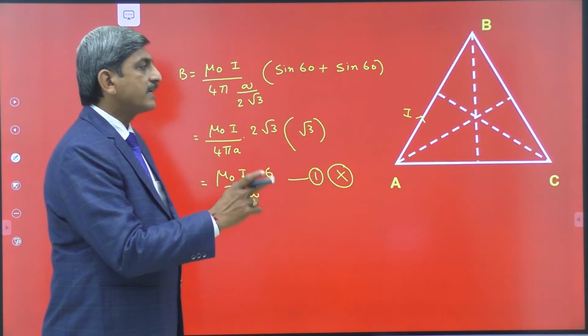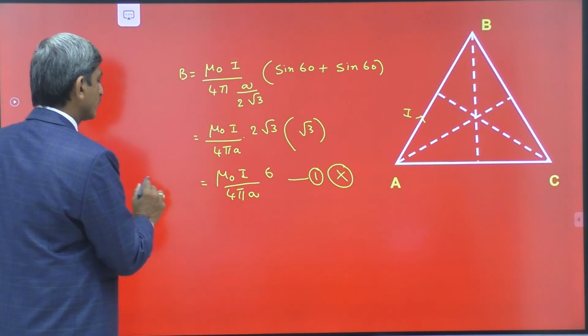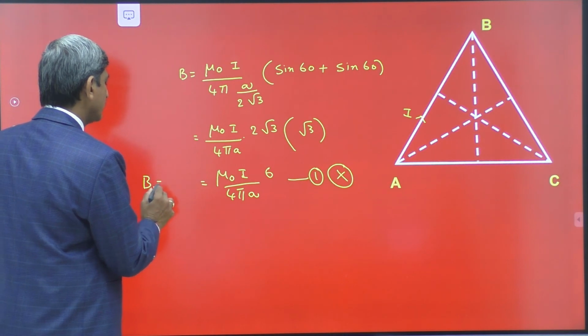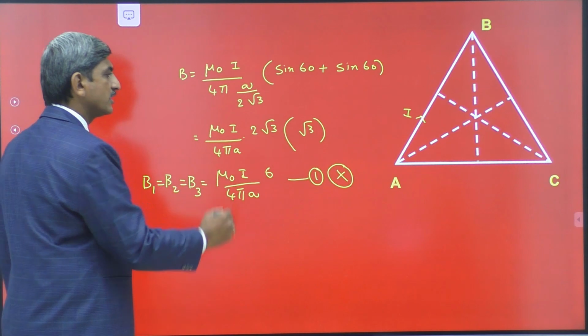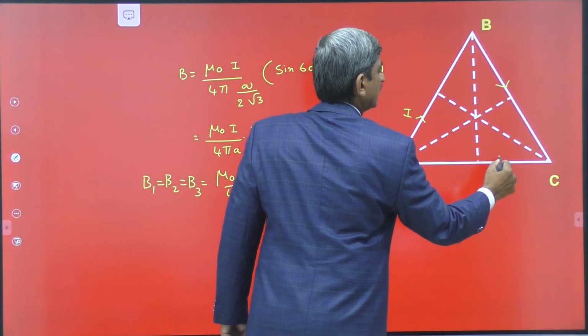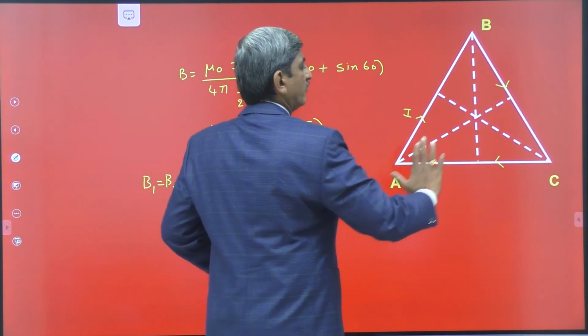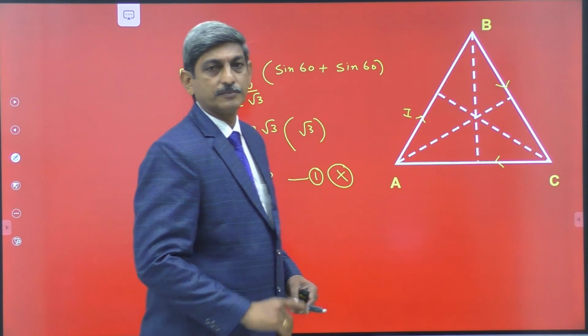That's why BC and CA portions are also producing the same amount of magnetic field, so we can write B1 is equal to B2 is equal to B3 is equal to this much, and all sides are producing the magnetic field into the board. We can observe that by using the right hand rule.